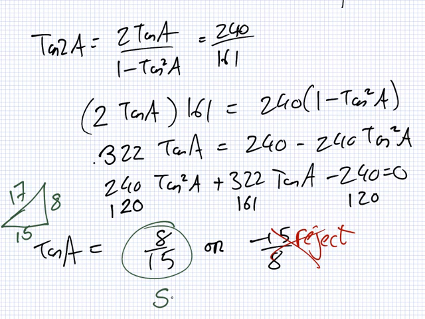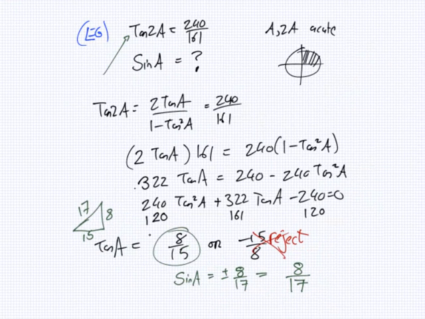Sine A, wasn't it? Sine A is plus or minus, because we're never 100% sure of the signs, 8 over 17, but it's clear here we have to choose plus because it's acute. So this is a hard one, and even this is not too hard.